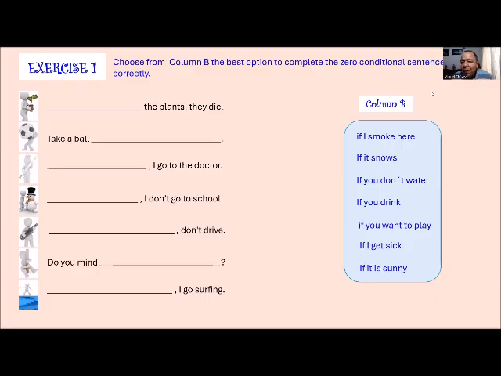Okay, a volunteer who wants to read the sentences in column B, please. Maria Fernanda, can you help us? Yes, teacher. The sentences that we have in column B, all of them, please.